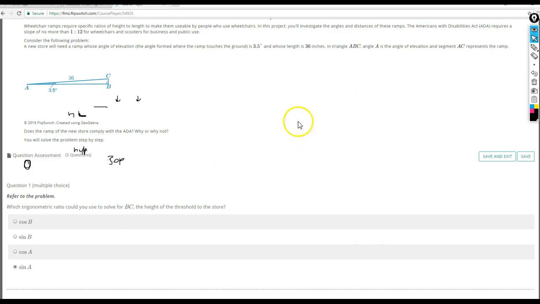Right here, I'm just going to take a pause and give you two mnemonic devices that will help you remember the ratios for our sine functions. First one is called SOHCAHTOA. SOH is sine opposite over hypotenuse. CAH is cosine is adjacent over hypotenuse.